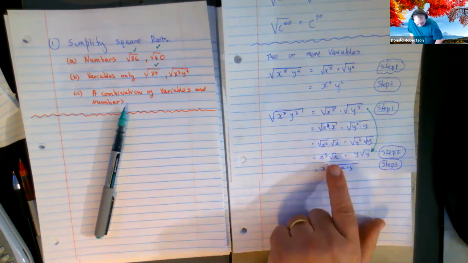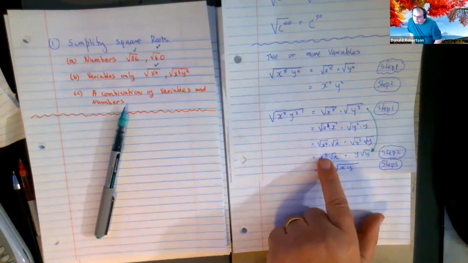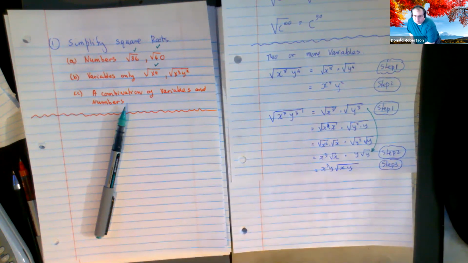So you see how the square root of x and square root of y just becomes the square root of xy. And you see the other two terms come together. And that is the final step in simplifying 2 or more variables inside the square root. So you see it's a little bit more going on there than we did earlier.